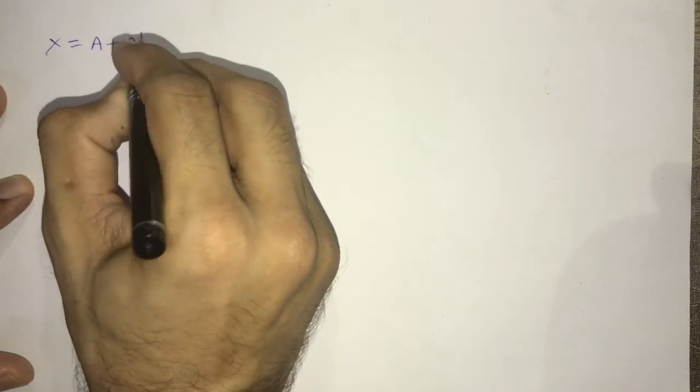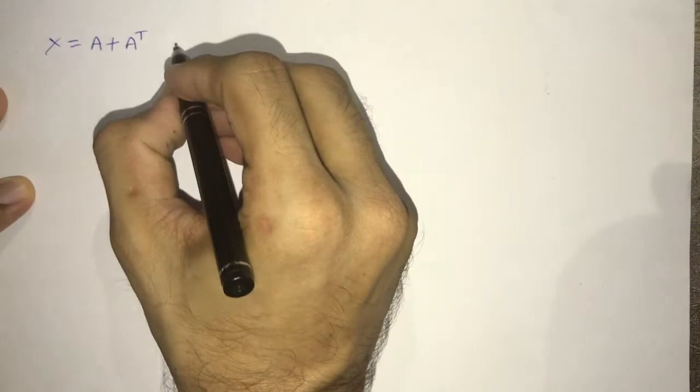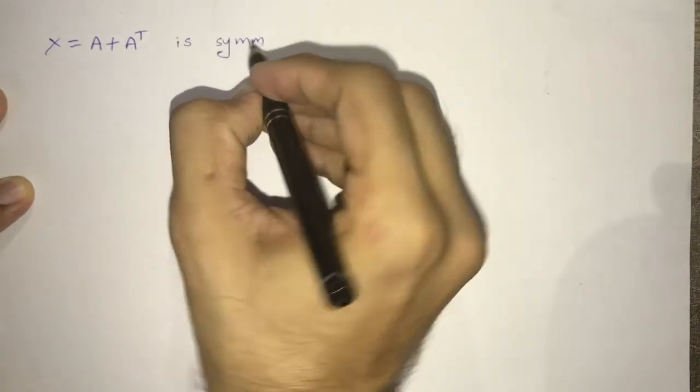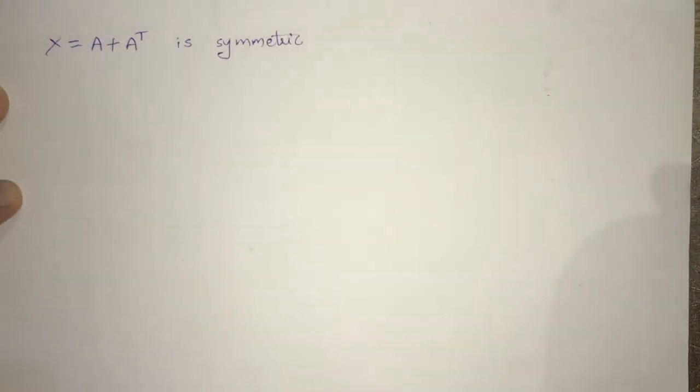We just now proved that X equal to A plus A transpose is symmetric, where A is a square matrix.